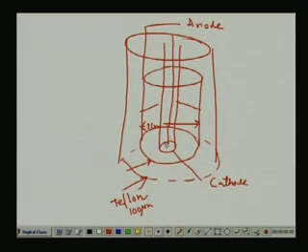This diameter is 2 centimeter, and this diameter is 1.4 centimeter, clear. And this is quite small, this diameter is 0.75 centimeter, clear. These are all the dimensions.